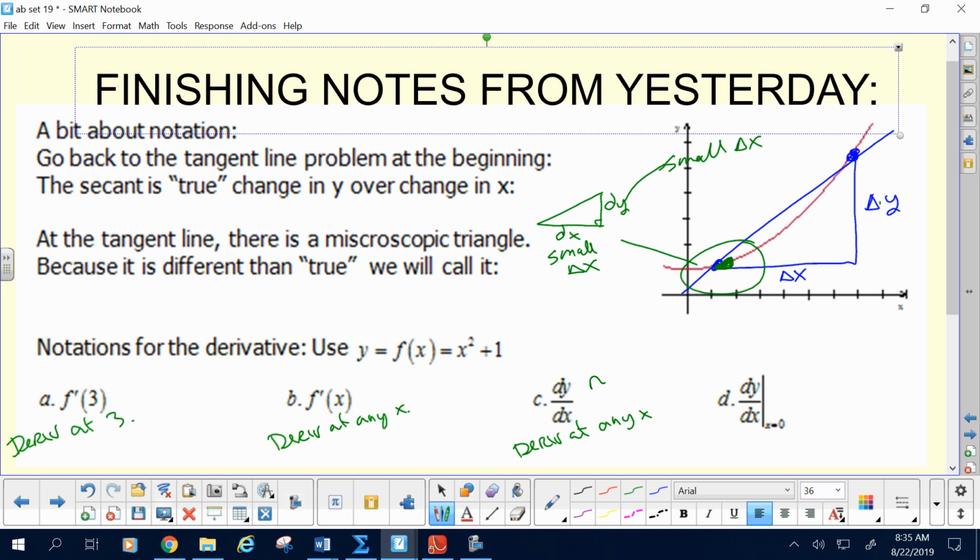People want to read it as dy over dx, but it's just read dy dx. You don't read the old ones. You read that as dy dx, and it is the derivative at any x in Leibniz notation. F prime of x and dy dx are the same. They're just different notations for the same thing.